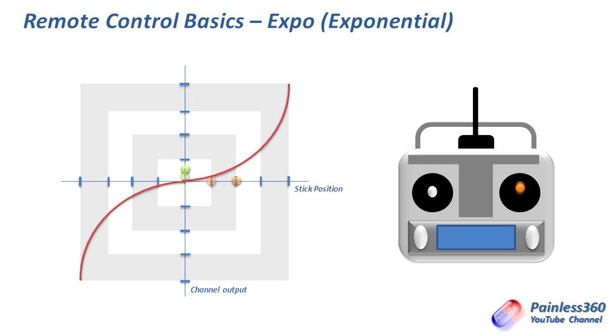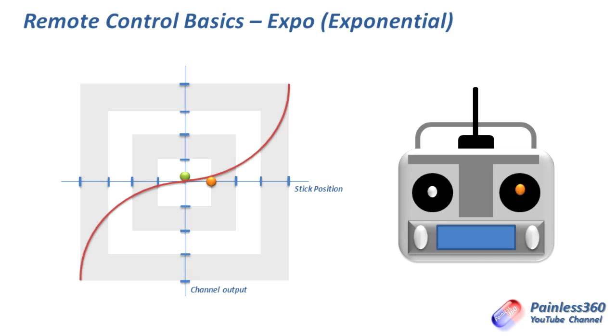We're not at 25 and 50% anymore. But if we go all the way up to 75% and 100, we still have the full travel of the channel that we would want, but round about the center, you can actually see that we're getting much lower sensitivity on the stick.